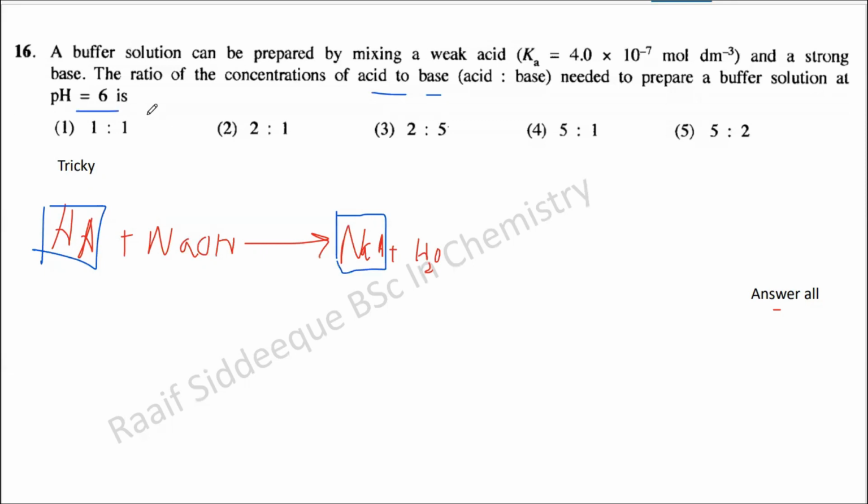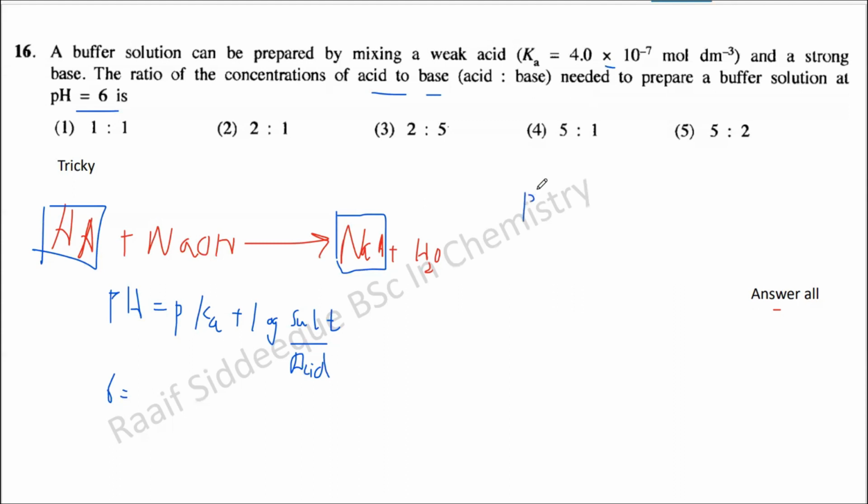If you remember the Henderson equation for a buffer solution, pH is equal to pKa plus log of salt concentration over acid concentration. The pH is given, that is 6. The pKa you have to calculate using Ka.